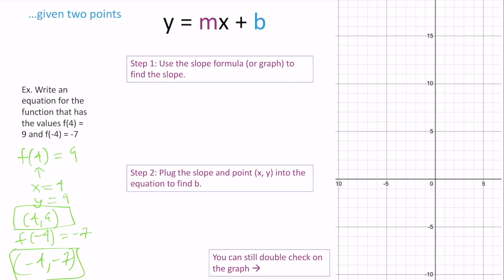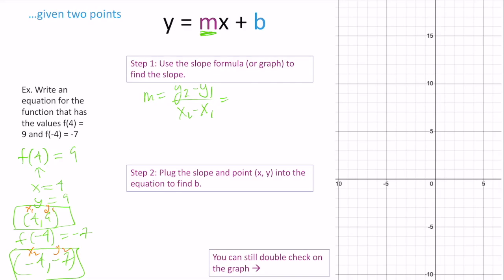So first thing we're going to do is find the slope by using that slope formula, y2 minus y1 over x2 minus x1. And again, that's just rise over run. So you can call either point whichever one you want. I'll call this x1 and y1, and I'll call this x2 and y2.